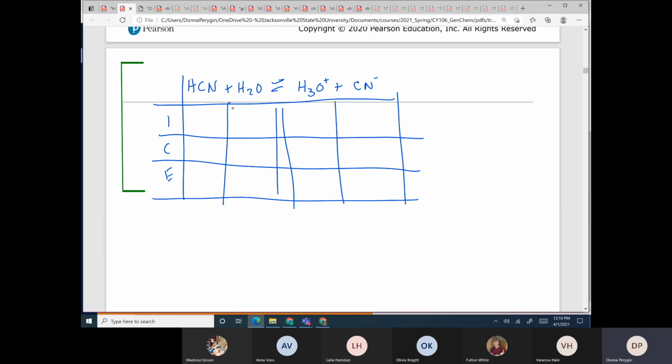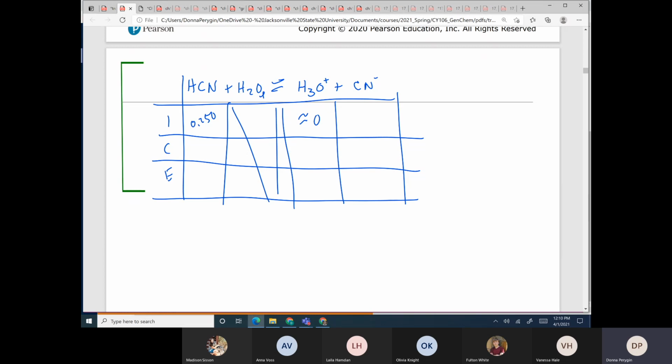All right, and so remember, water is not a problem because it's a liquid, so we don't have to worry about it. So we've got 0.250 of this. That's what we started with. We've got about 0 of the H3O plus because it's going to be negligible.